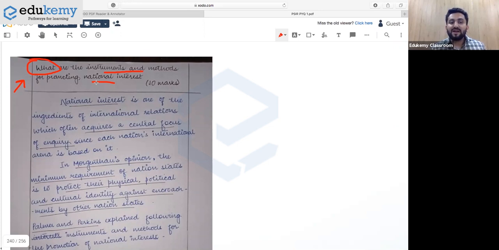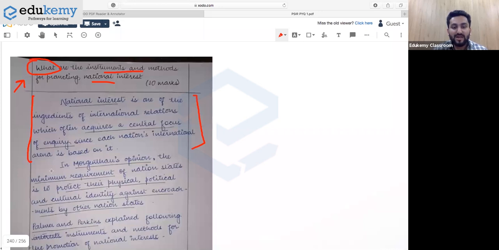National interest is one of the ingredients of international relations, which often acquires a central focus of inquiry since each nation's international arena is based on it. All of you know that whenever we talk about promoting national interest, we cannot forget Morgenthau, because views given by Morgenthau shaped the views of USA's foreign policy and also about the world, because Morgenthau belonged to a realist school of thought, right?